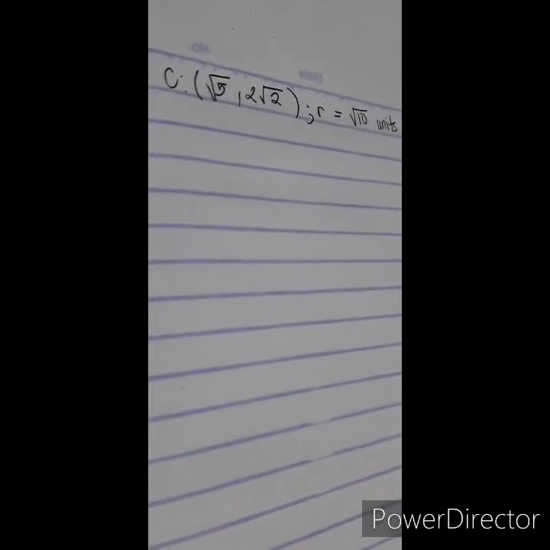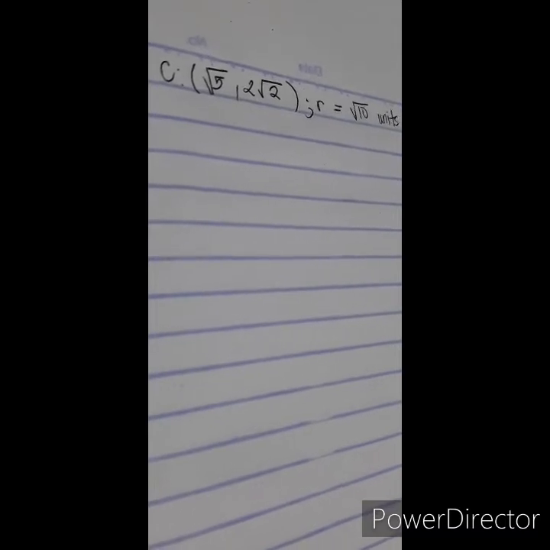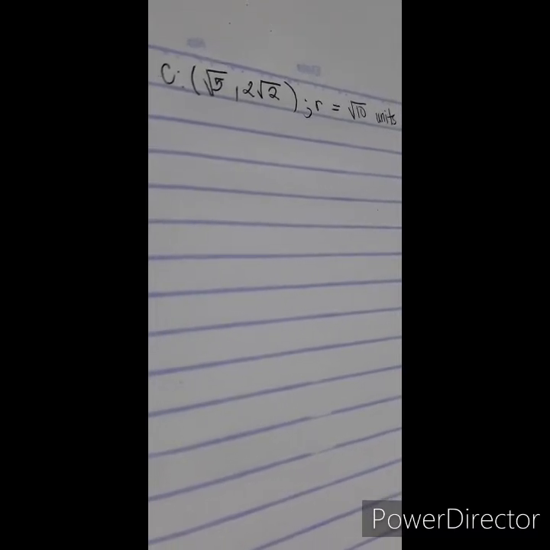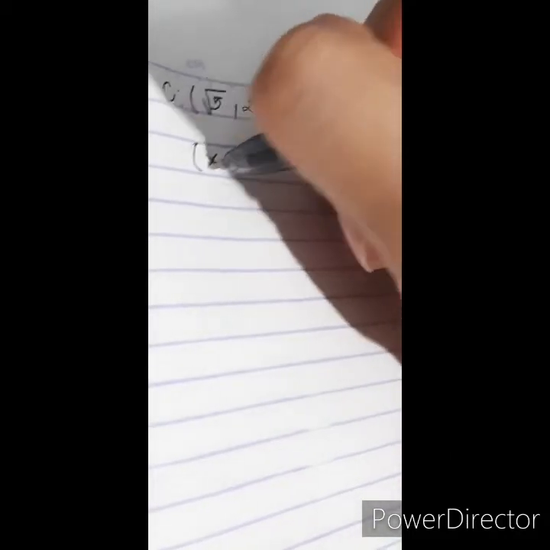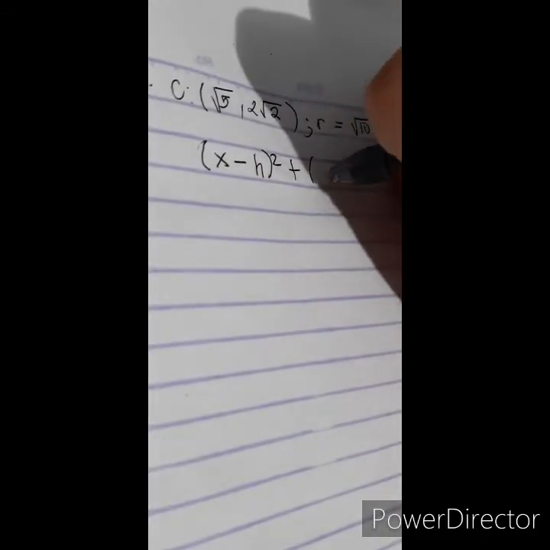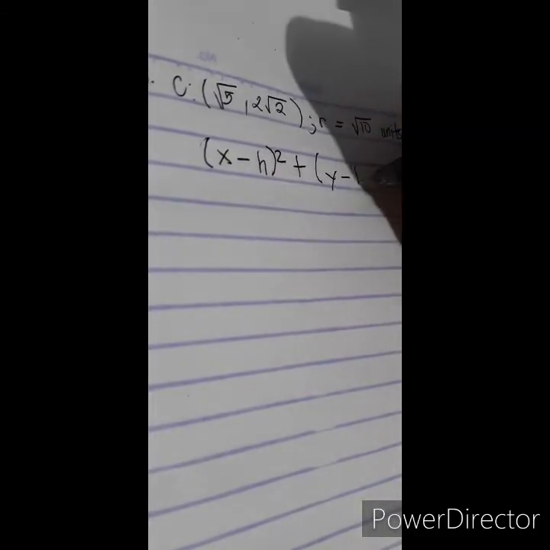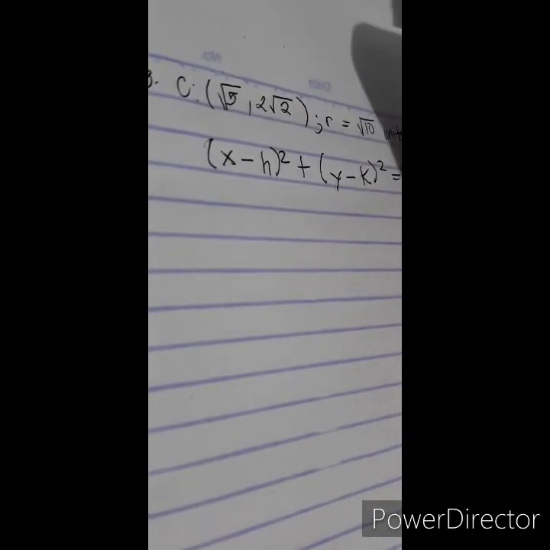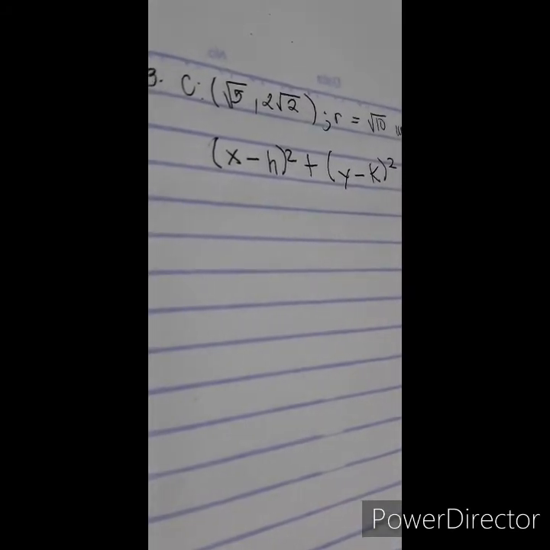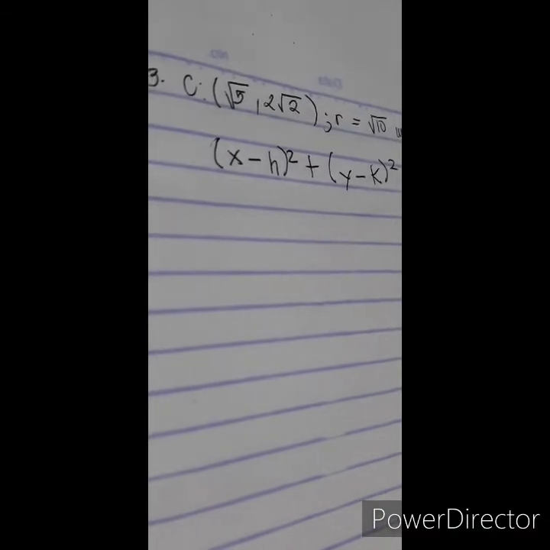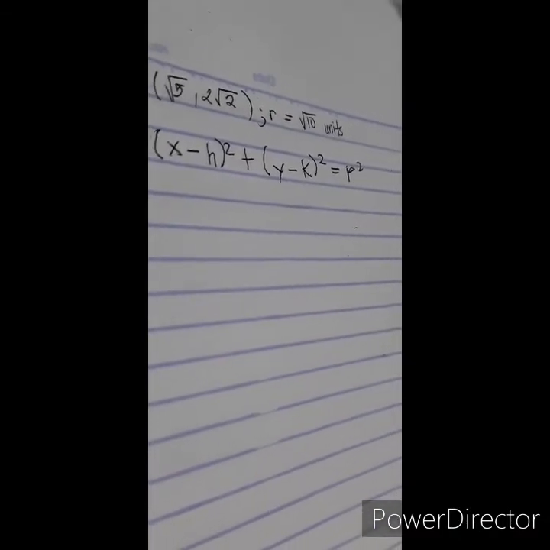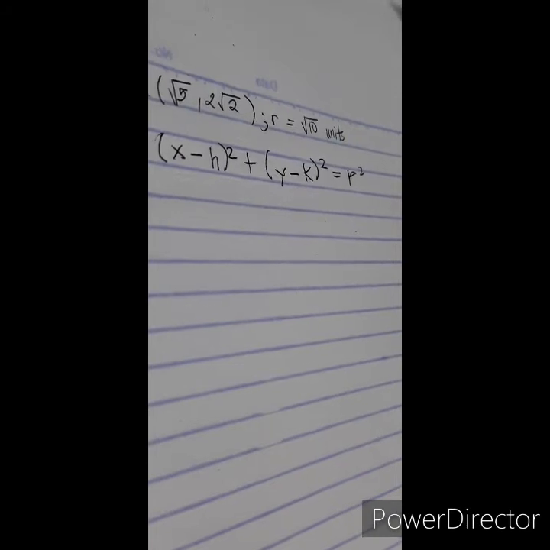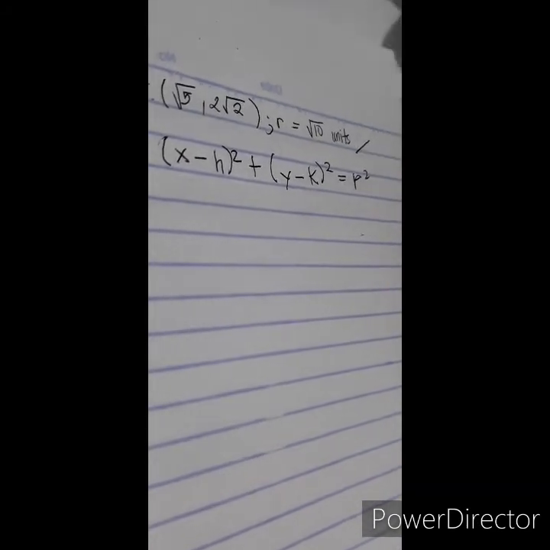So simple as this, all we need to do is just use these values in our formula in the format of the quantity of x minus h squared plus y minus k squared is equal to radius squared. Here we have to find the standard form of the equation of the circle by using this given.